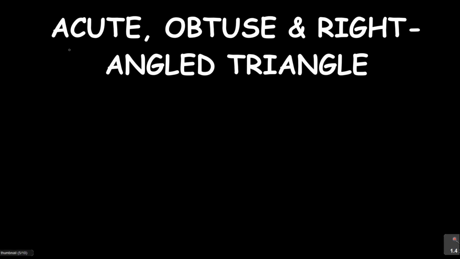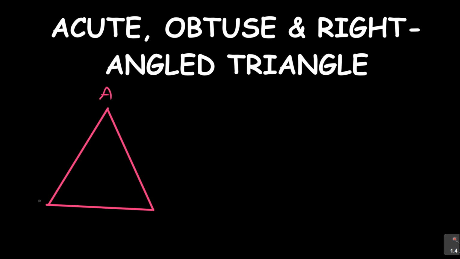Alright, then let's look at different types of triangles: the acute, the obtuse, and the right angle triangle. So if they say to you, what does an acute triangle look like? An acute triangle is looking like this. This is a simple acute triangle. So let's say I've got this triangle A, B, C. We call this triangle acute.